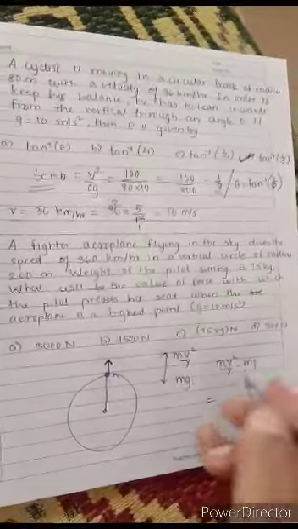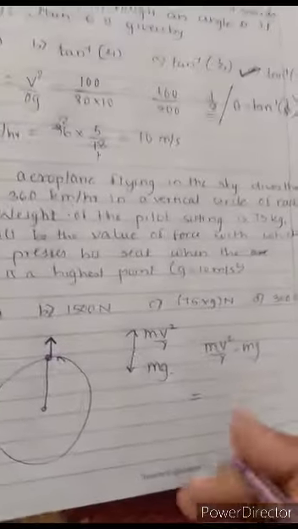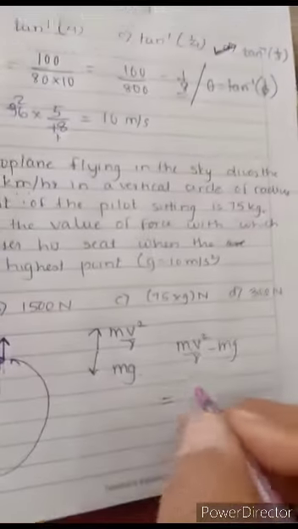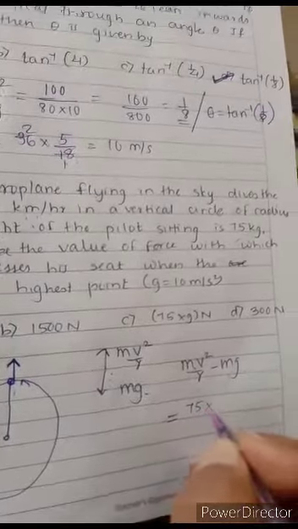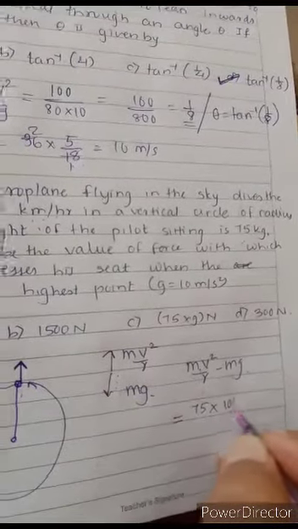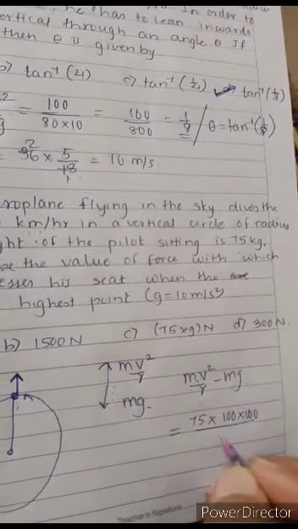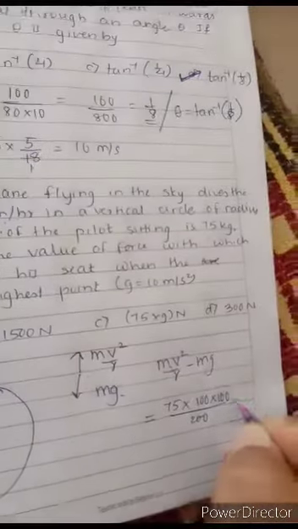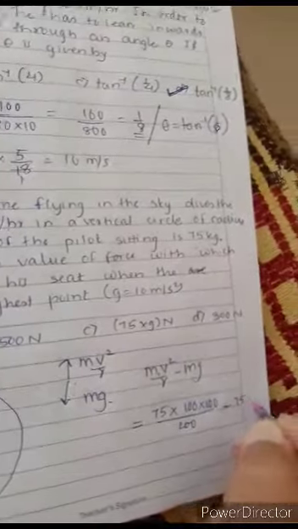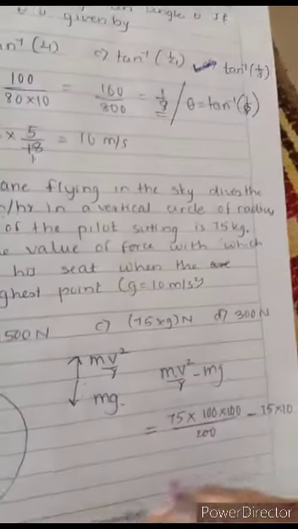You just have to substitute the values. So I'll substitute the values for you here. So 75 into 100 into 100, since it is v square, upon r which is 200, minus, again mass is 75 into g is 10.